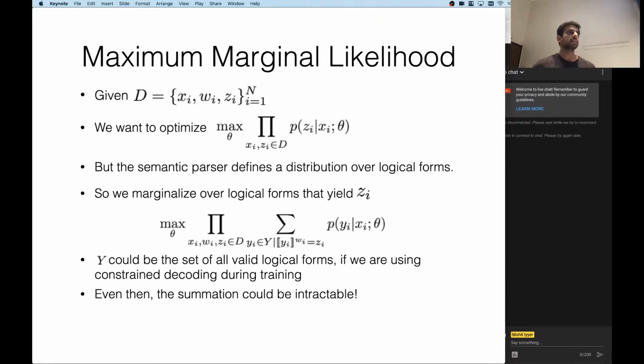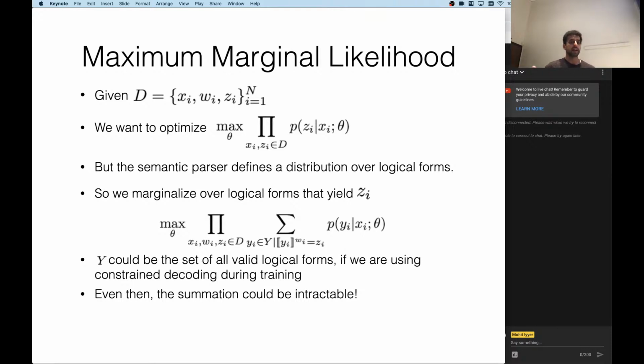And then, of course, if you had this, you could simply just apply this objective where you sum over all of them and try and maximize the probability of this set of logical forms, because all of them execute to the correct answer. You can also see one of the limitations of this weak supervision approach. It treats every single logical form that executes to Z as a valid parse, and we're trying to maximize the probability of all of those logical forms.